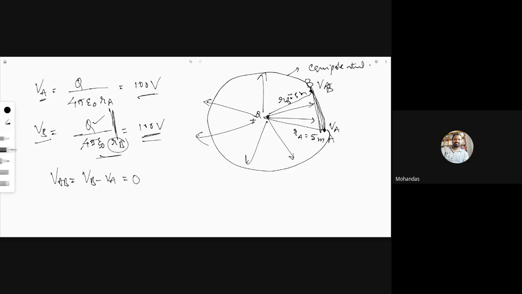Equipotential. And one more thing: just now we have seen the formula for work done. Work done equal to minus integral E dot dl. If I start from A and reach B, then you have to substitute the limits, starting point and ending point, and you will get some work done, right?